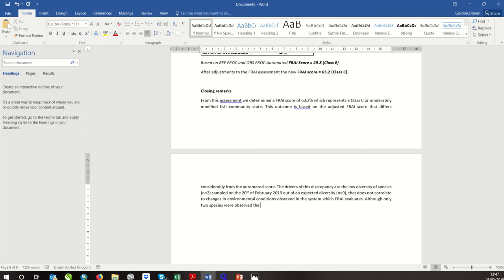Although only two species were observed, the environmental conditions should be suitable to maintain many more species. Okay, this is a hypothesis. Do you understand what I'm trying to say here?